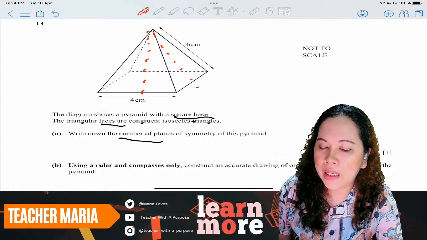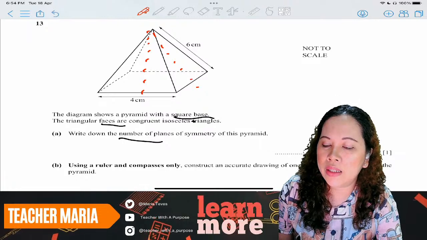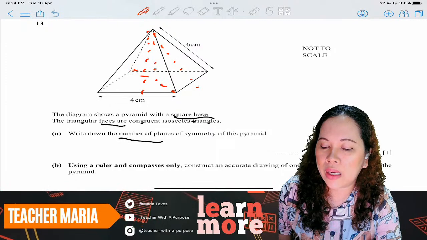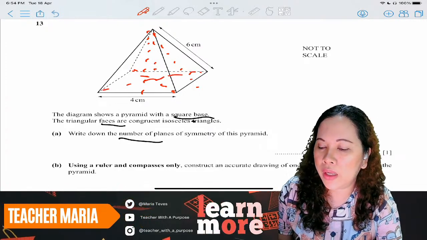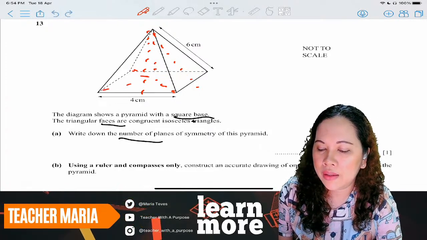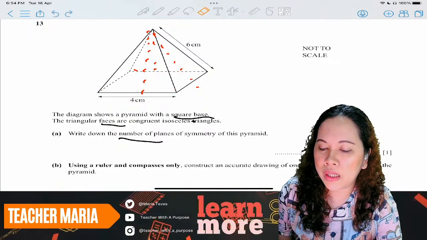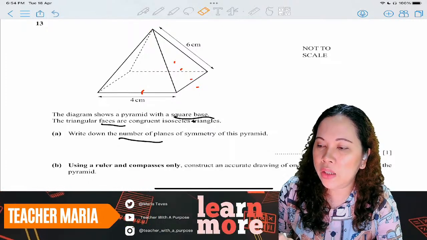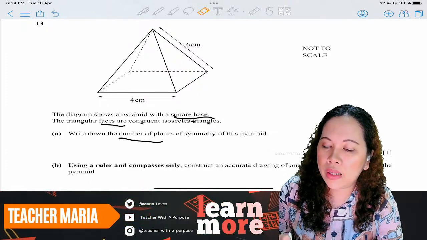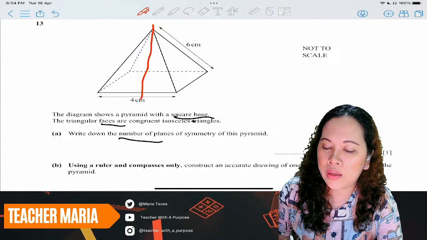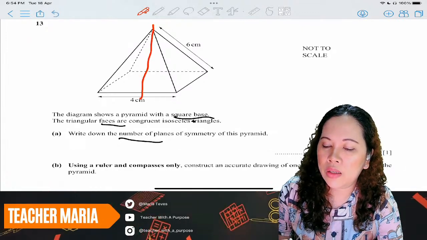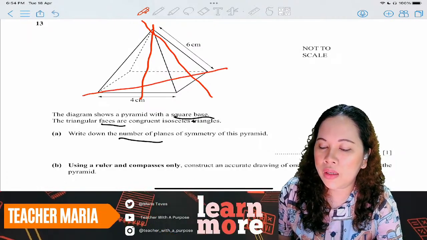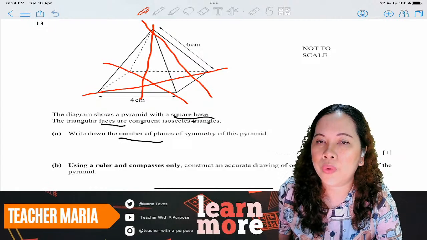And then you will have the other side as well, 3 on this side, and then 4 on that side. Let me just erase this. The plane where you cut it and you will get a symmetry will be from here. That's 1. And then you have here 2. And then you have 3, and then you have 4. So that's 4 in total.